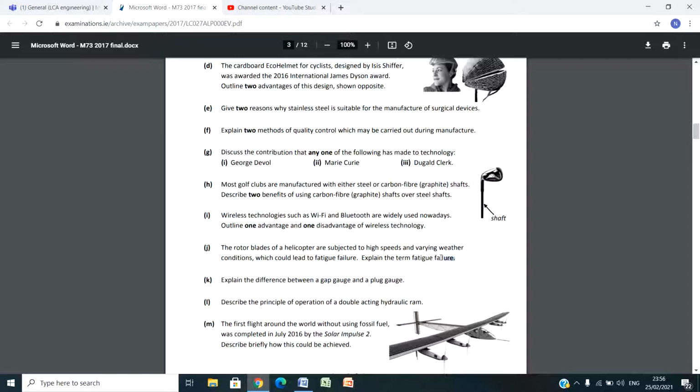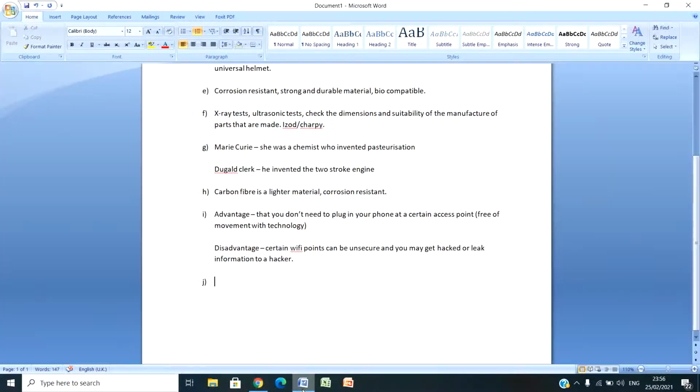Fatigue failure is where a metal actually fails over a period of time due to on and off loading of cyclical stress, and it's caused by a small crack on the surface of your material. So we'll write that down. So metal fatigue. Okay.